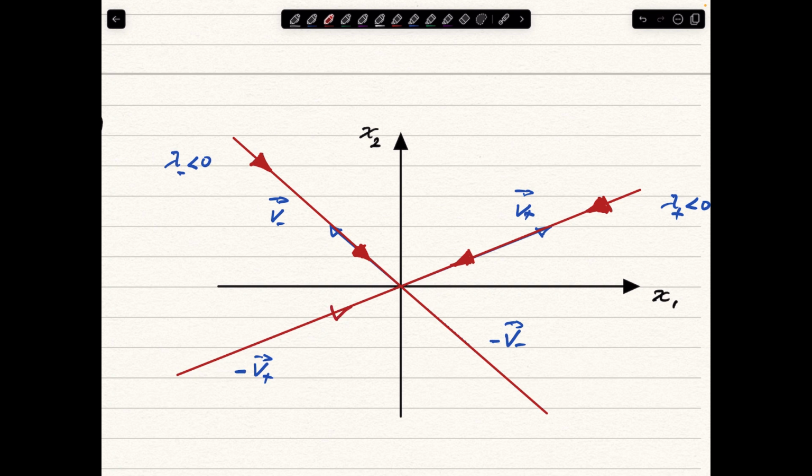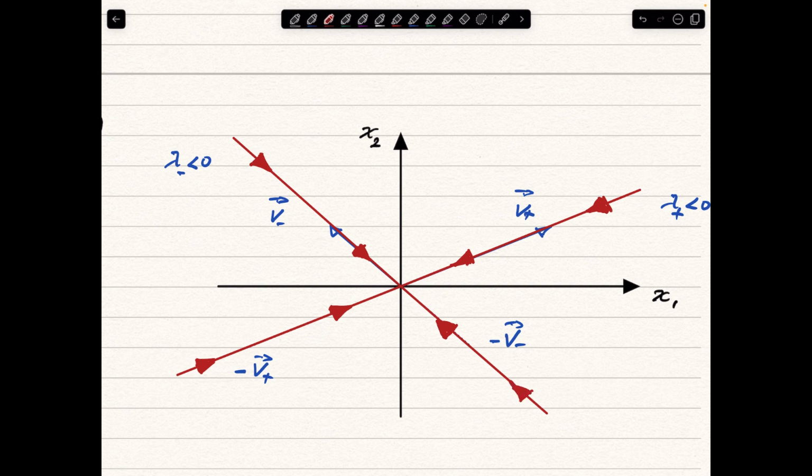So you're going towards the origin, no matter where you start, because all the eigenvalues are negative. And also here. And here. So this is the direction of increase in time.